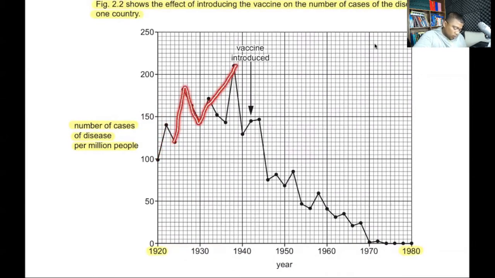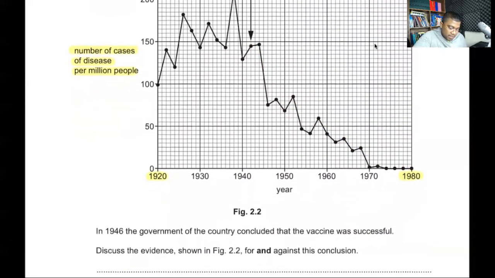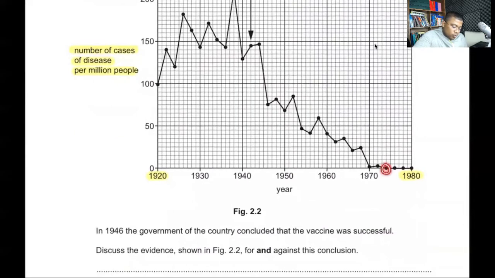This trend goes on until 1937 or 38. But from 1940, when the vaccine was introduced, the number of cases kept on decreasing until the 1980s, where from 1974 the cases almost became zero.